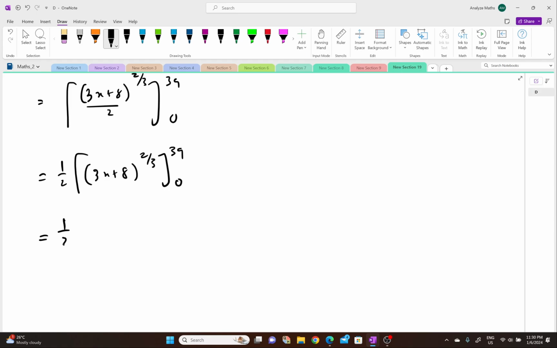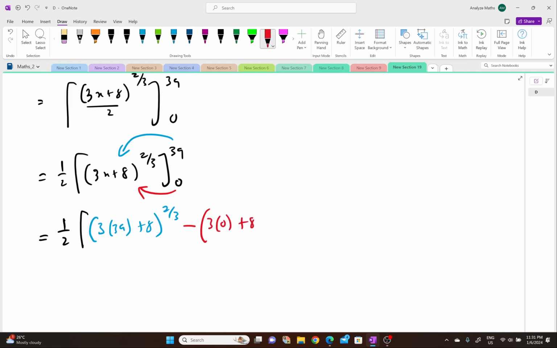If you replace inside here, as I told you, you replace 39 and 0 inside here. Answer, you will get 221 over 2.